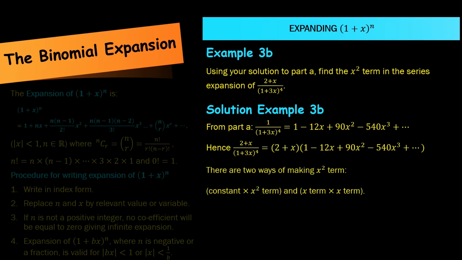Now there are 2 ways of making the x squared term. Either we multiply the constant in the first set of brackets by the x squared term in the second set of brackets, or we multiply the x term in the first set of brackets by the x term in the second set of brackets.